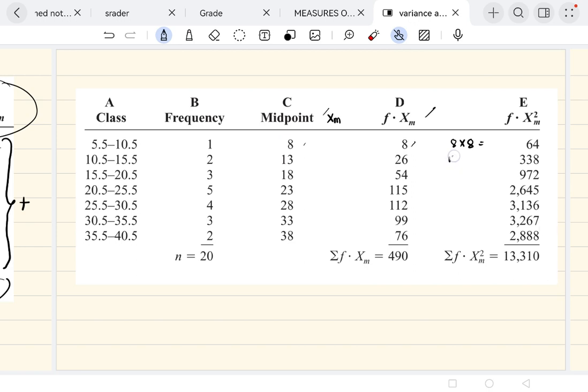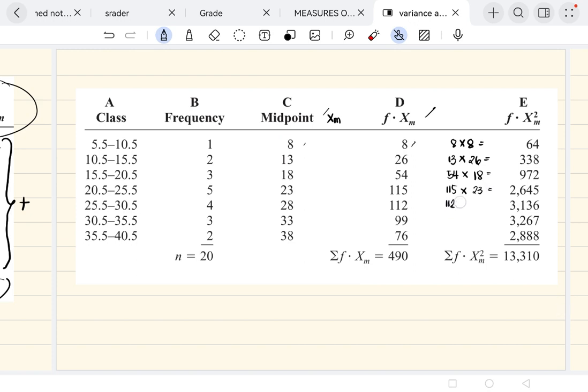Next, we have 26 times 13, that is 338. Next, 54 times 18, that is 972. Next, 115 times 23, that is 2,645.